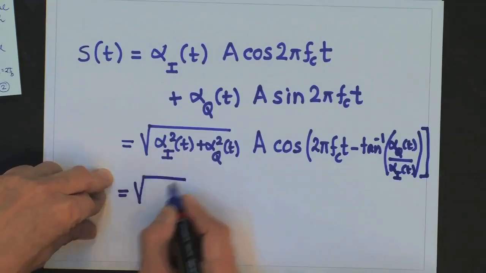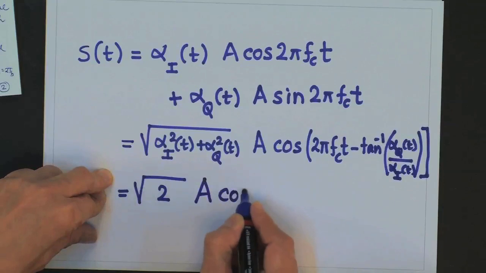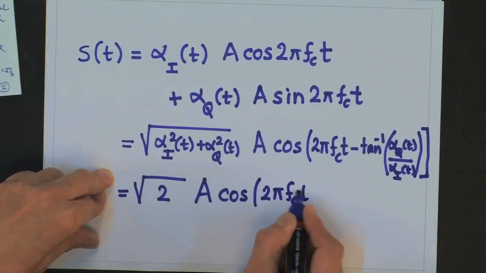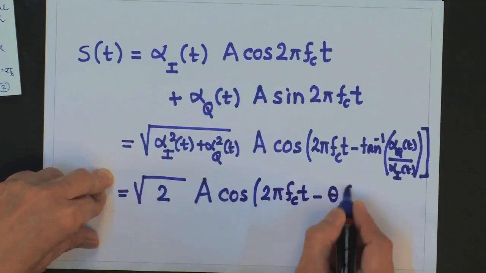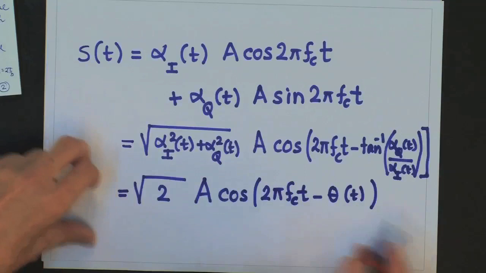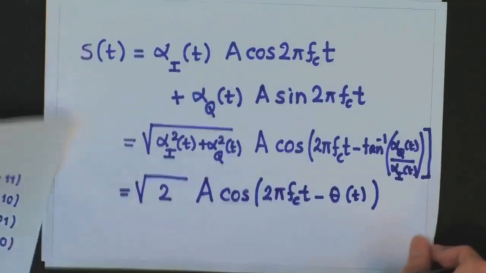So, I can write this as root 2 A cos of 2 pi fc t minus theta t, where the phase theta t is determined as follows.